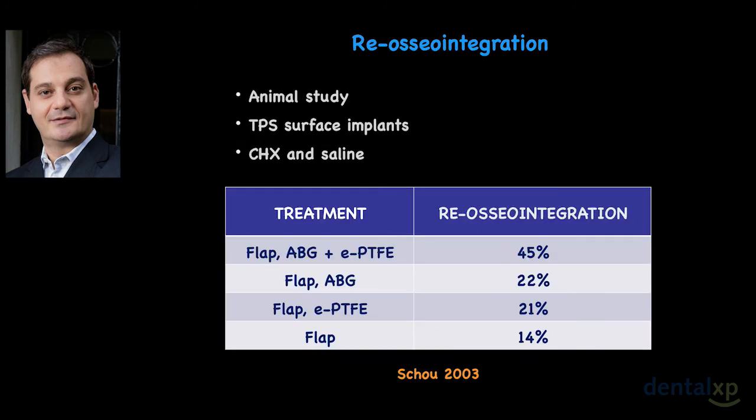And again, you can see another study where they had the same thing, bone graft and decontamination of the surfaces, and they had some variable chances of reosseointegration, but definitely if they used bone and a barrier, they achieved a higher rate of reosseointegration.